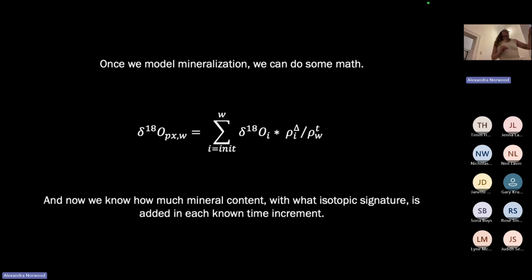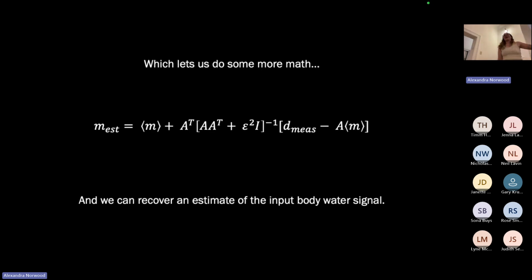So that's what we're doing here. We know how much mineral content has what isotopic signature at each time increment. And if you're sweating already, the next math is much worse. I'm not going to make you try to understand this math, because here we're using some matrix algebra that took me many months to learn, and we don't have time for today.